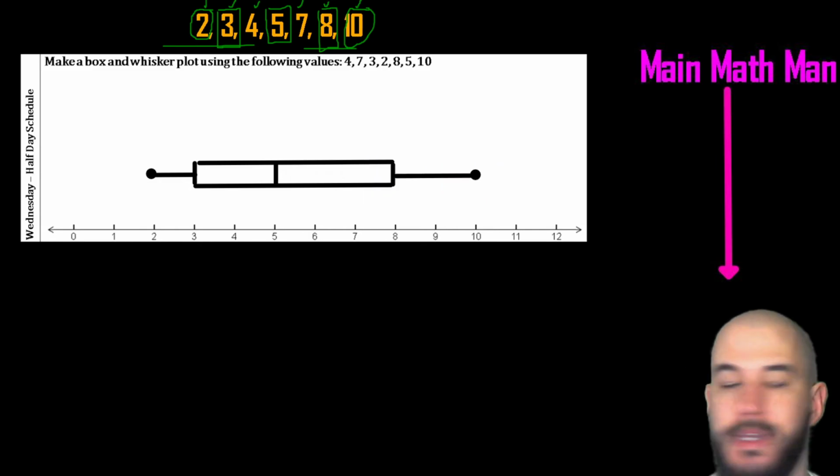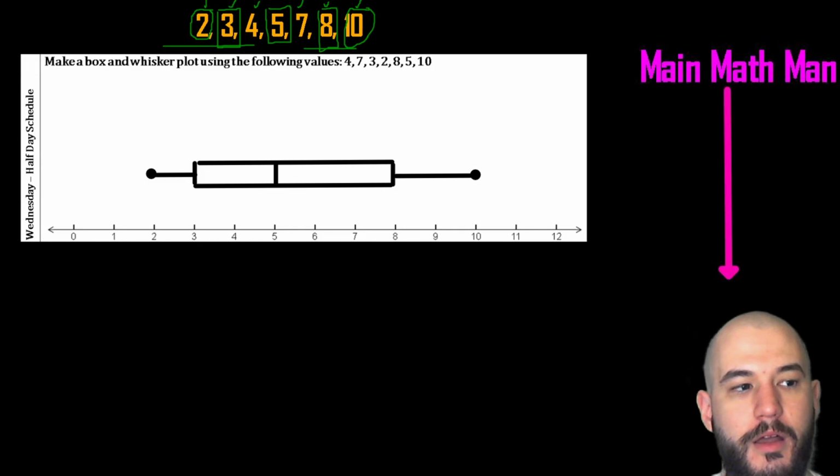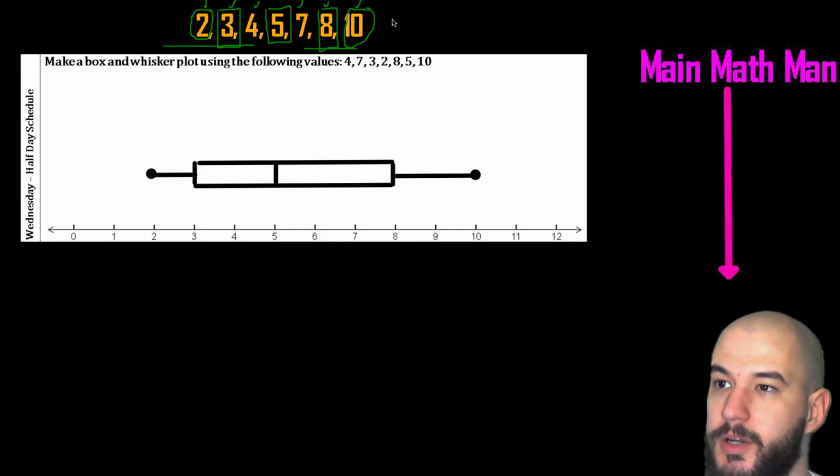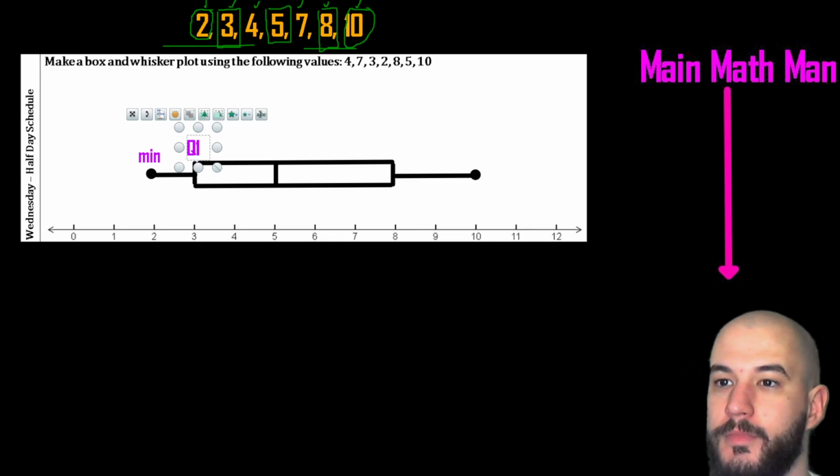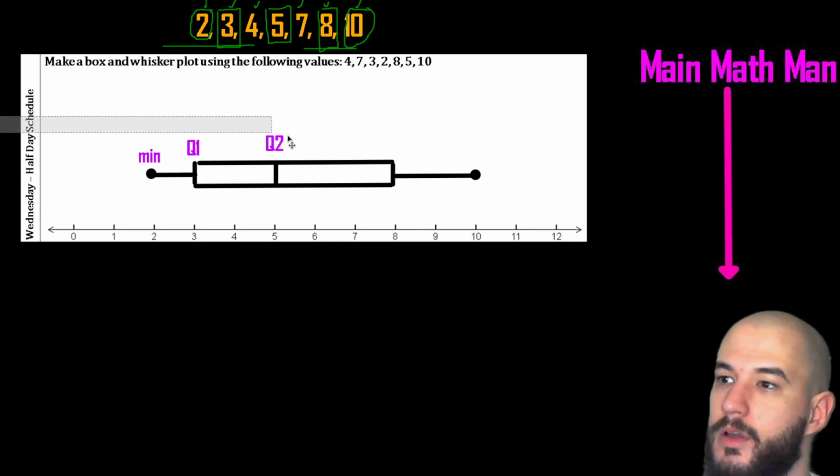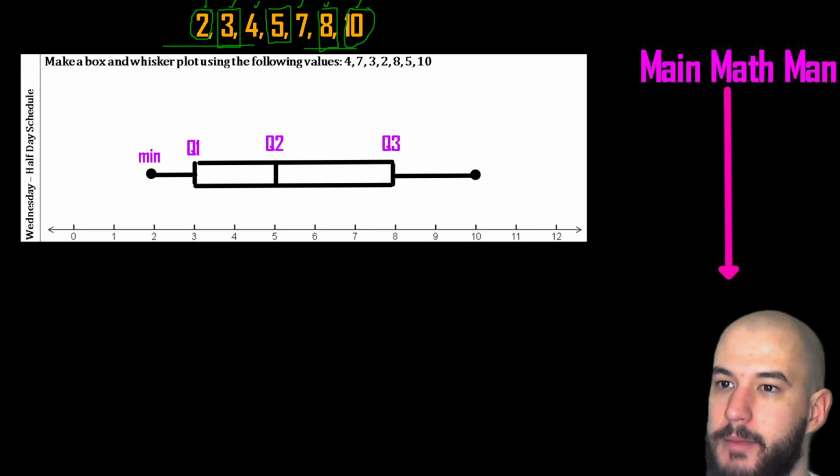Make sure you can see and practice these examples for yourself. Make sure you can see the other examples as well. I can say that's the min, Q1, Q2. I can have these labels in here, that way I am positive on what they are.